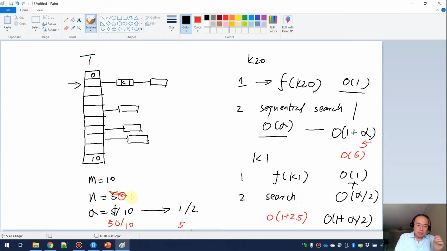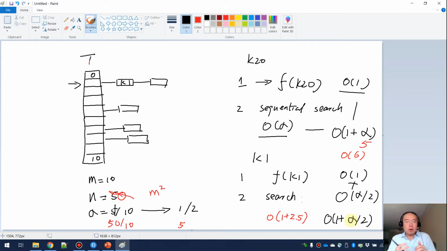So instead of 50, we do m squared. If we change n to m squared, then we do have a real problem. You can do the math again. In this case, instead of 5, alpha will be m. So we are going to have O(m) here, so we end up with a linear time search instead of a constant time search.